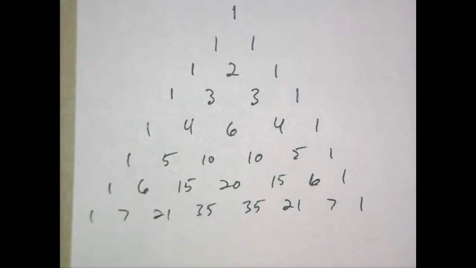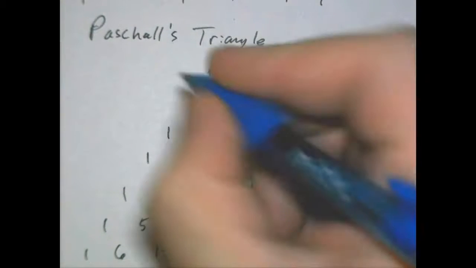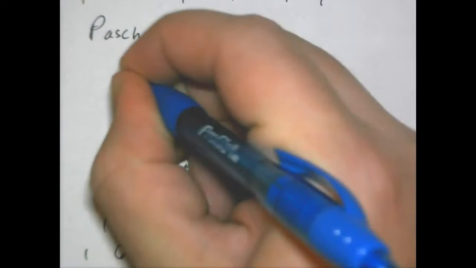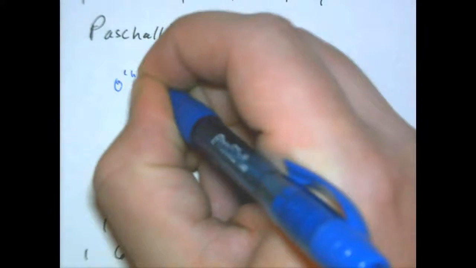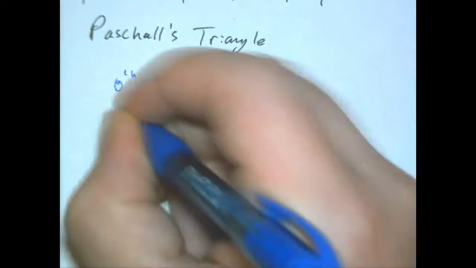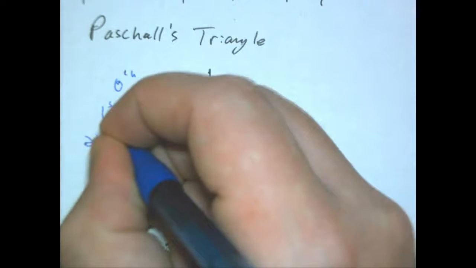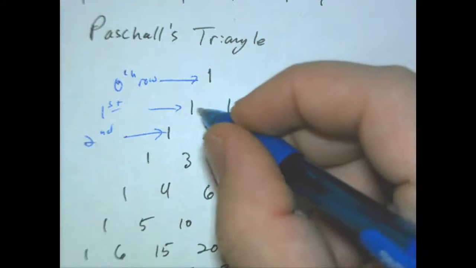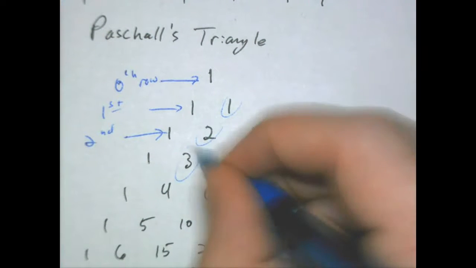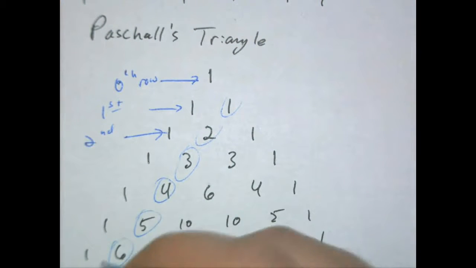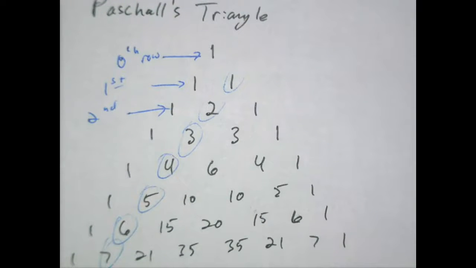Make sure you know how to come up with Pascal's triangle, because when we start looking at these, we will call this the 0th row. This one is the first row, the second row, and notice the number that is next. First row, second row, third row, fourth row, fifth row, sixth row, seventh row. Hey-oh, look at that, that follows a pattern as well.